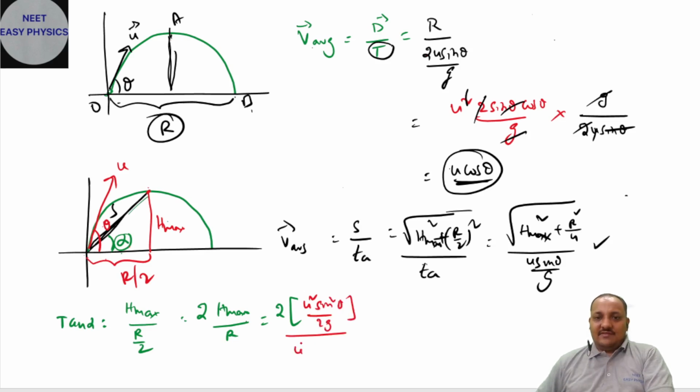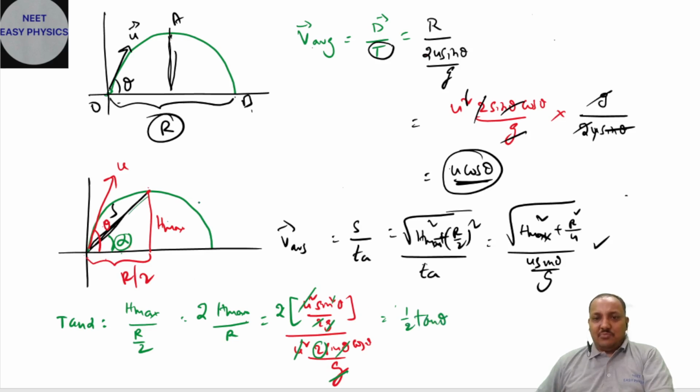What is the range equation? u square 2 sin theta cos theta by g. Now if you cancel u square, g, g, this 2, and 1 sin theta, remember, the remaining 2 is there, you get 1 by 2 tan theta.